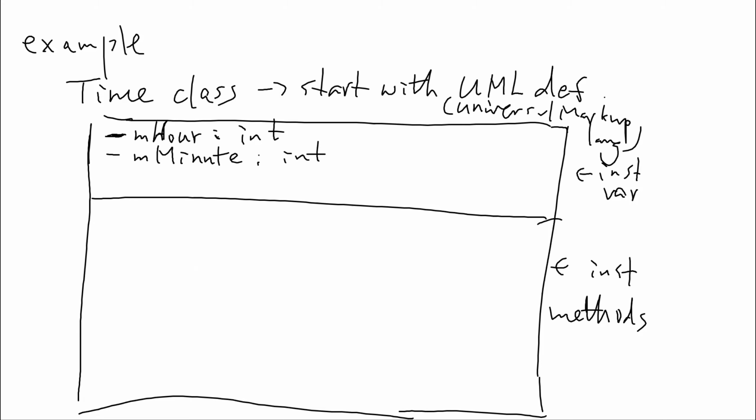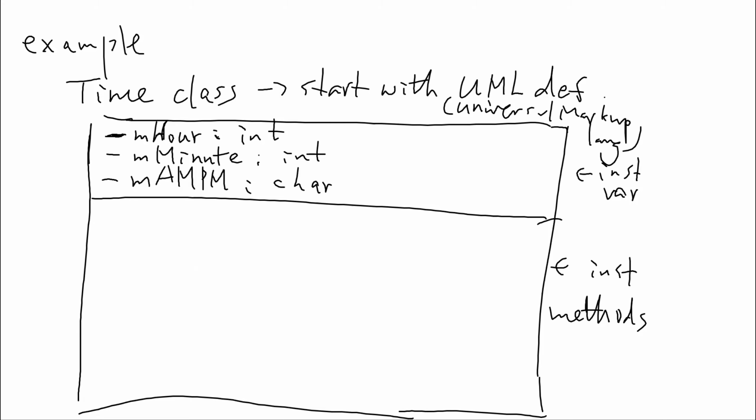And what else are we interested in? AM or PM. So I write mAmPm. And what's the type? It's just a single letter, A or P, so I can write it as char.